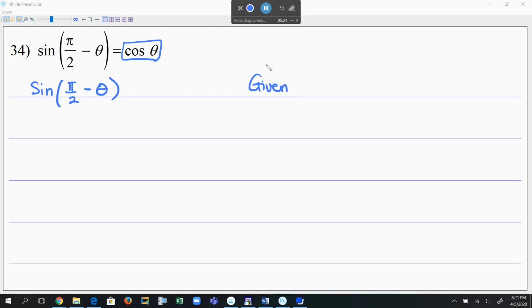Now, if you go back to the trig identity reference sheet that we gave you, we are going to use the difference of sine.